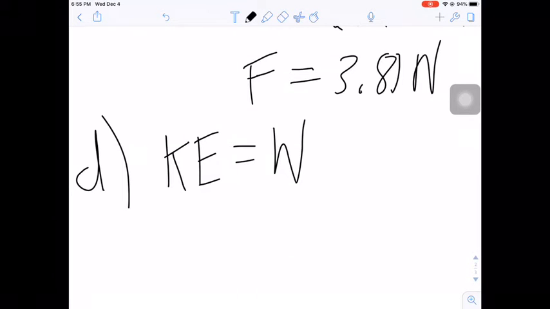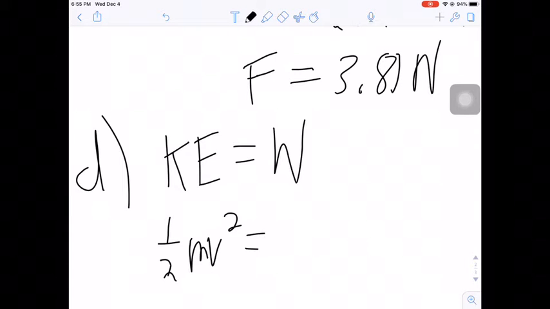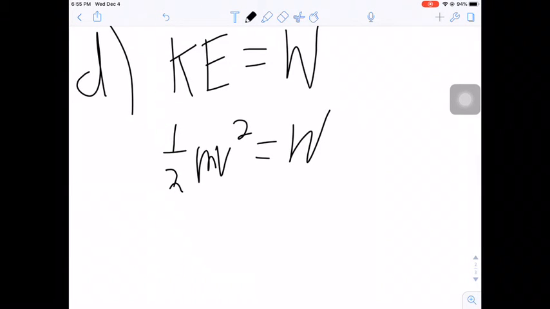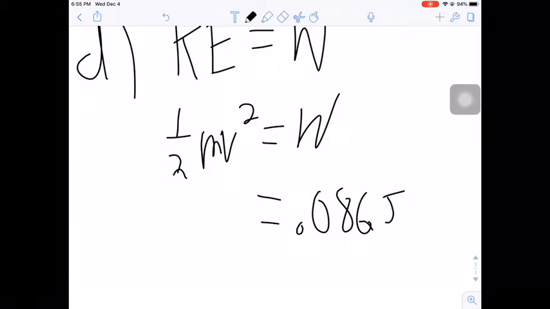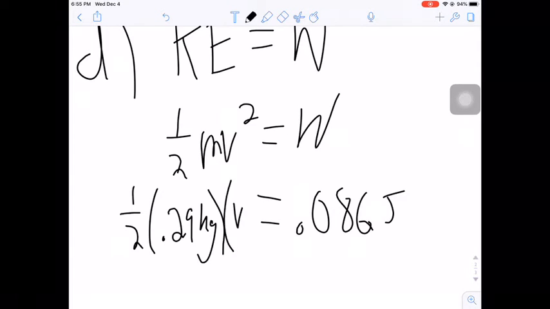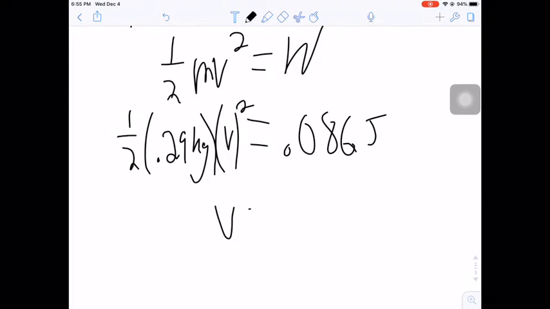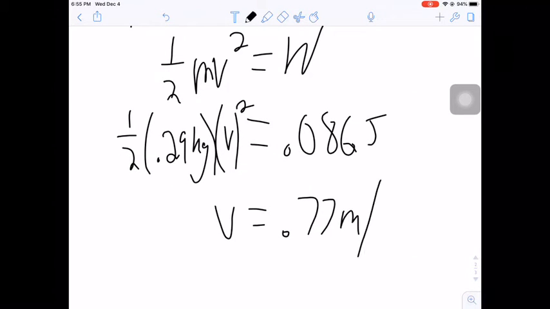When it's at the center, it's at equilibrium, the spring isn't stretched out, so it doesn't have that spring energy anymore. It's all kinetic energy. So 1/2 mv squared, the kinetic energy, is equal to work. We solved for work earlier, and we know the mass, so we can solve for the velocity at that point. 0.086 joules for work equals 1/2 times 0.29 kilograms times v squared. And we get that v is equal to 0.77 meters per second.